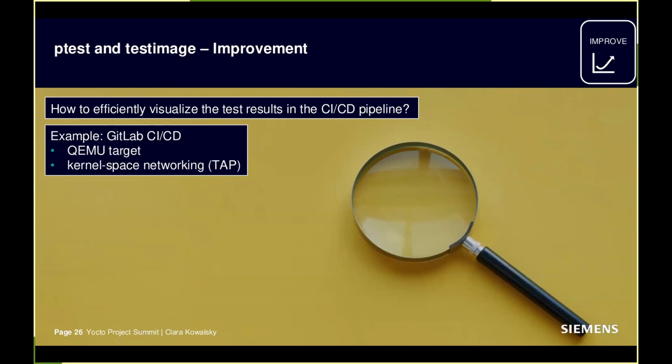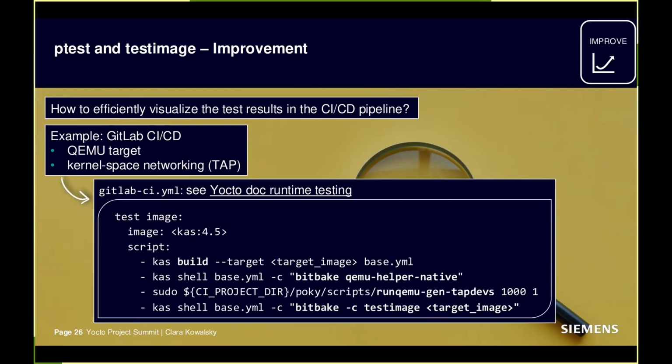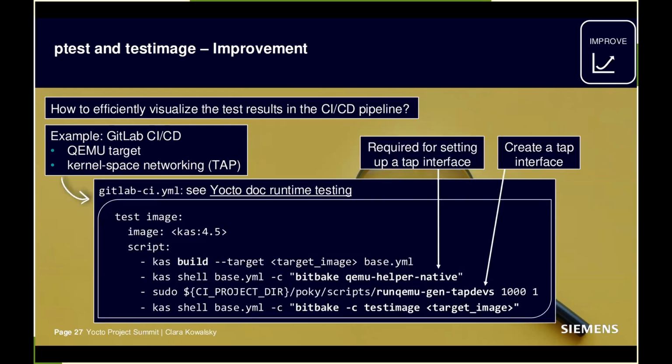You can do the same with kernel space networking. Then this would look like that. The only thing you need to do is set up the tap interface, as this is used for the communication with QEMU. For this you need to run the QEMU helper native script and then set up the tap interface.